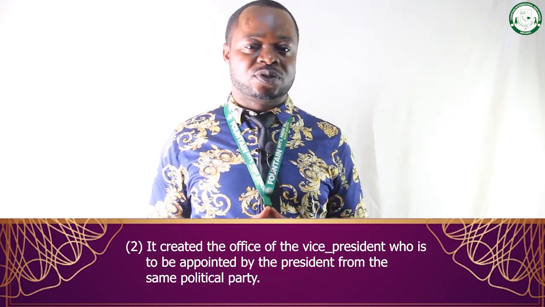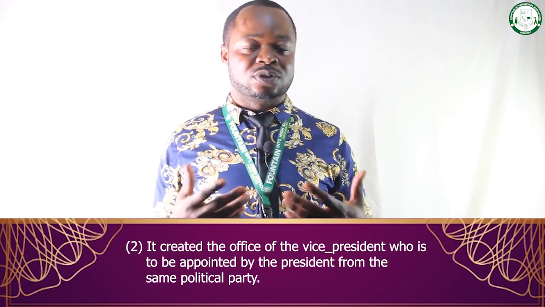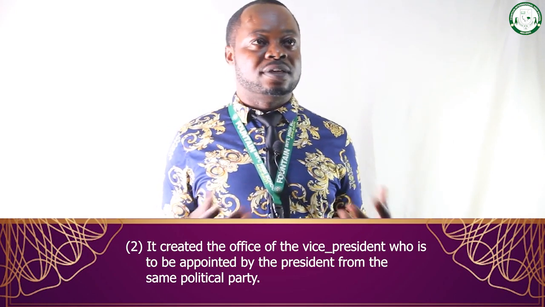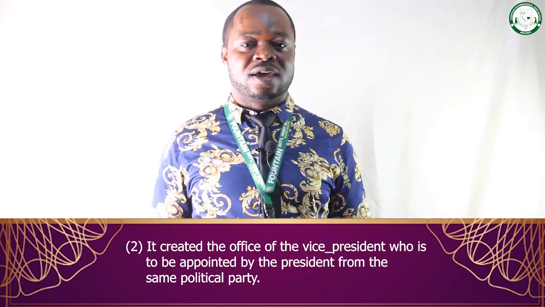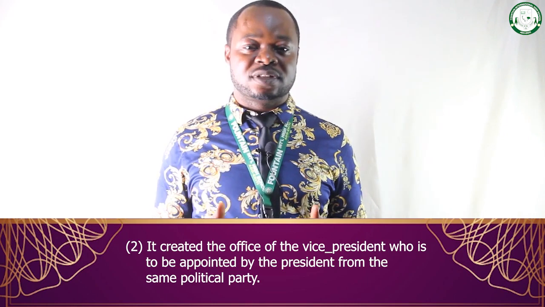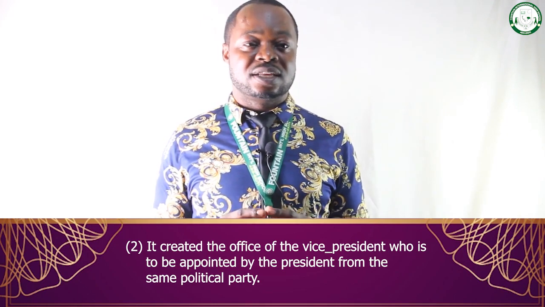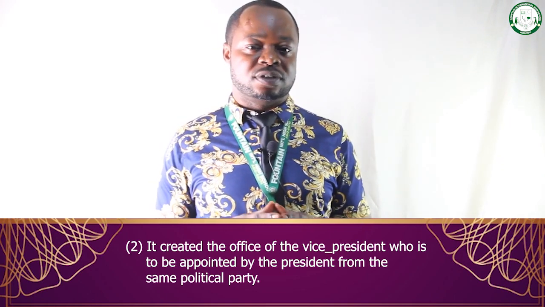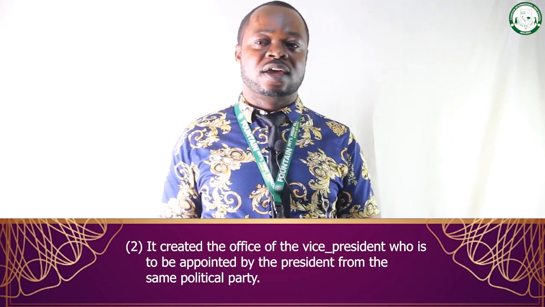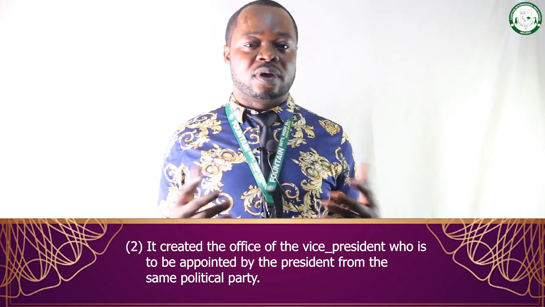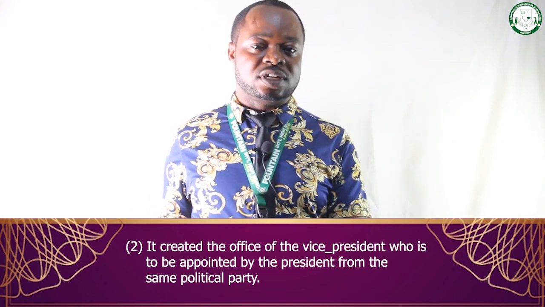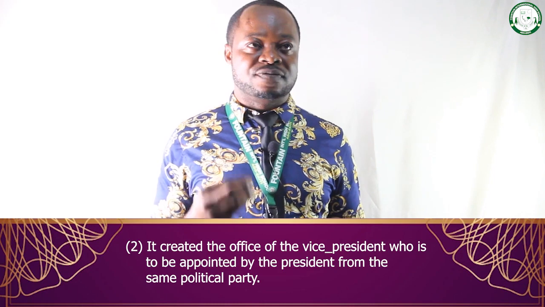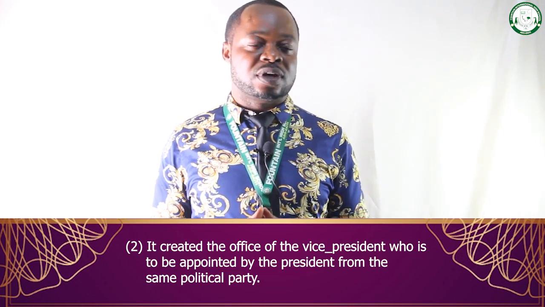Impeachment is the process of removing either a governor or a president, by members of the legislature as a result of non-performance. So if there's any need for that, the vice president is expected to succeed him.